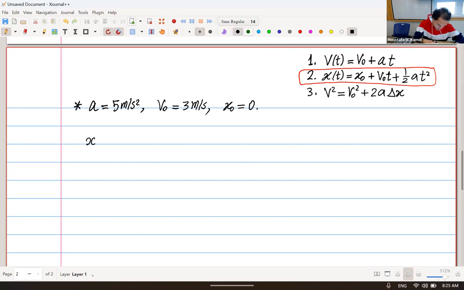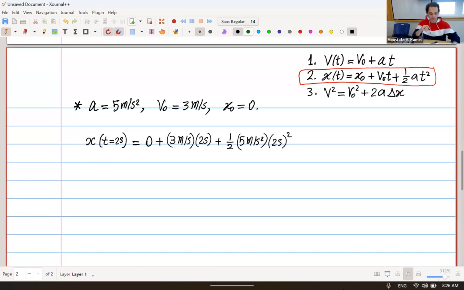So x at t equals 2 seconds is equal to 0 plus 3 meters per second times 2 seconds, plus half times 5 meters per second squared times t squared, which is 2 seconds all squared.